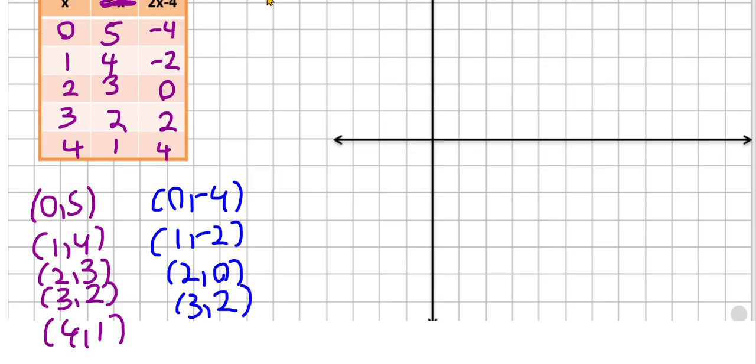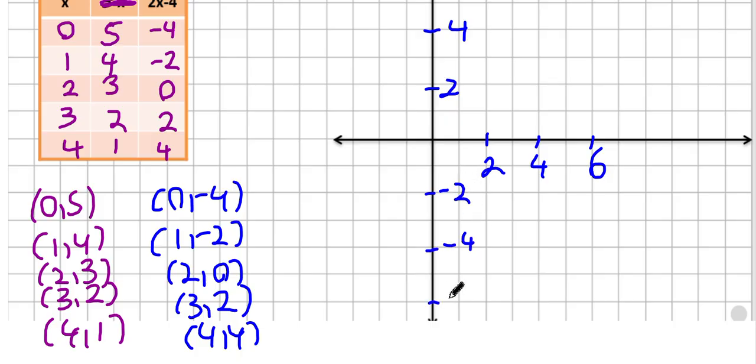Whoa, I got confused again. Give me a second. No, I didn't get confused. And it's 4, 4, is it? Okay.